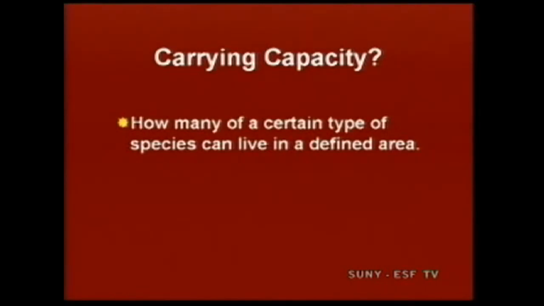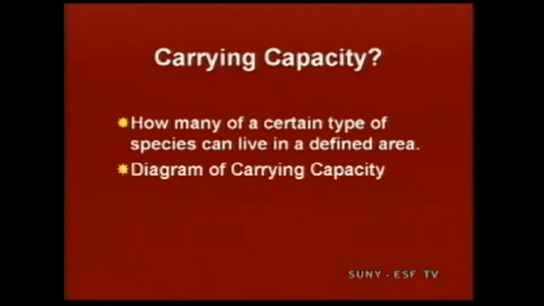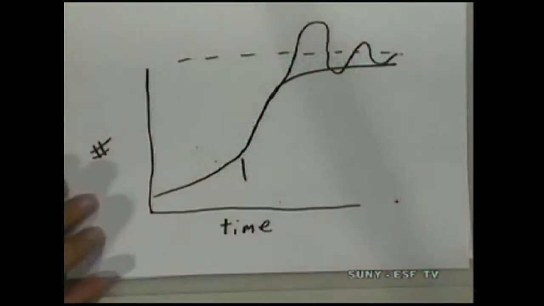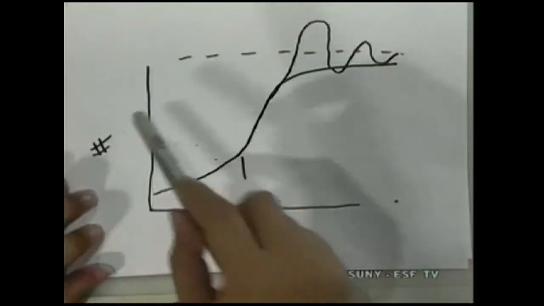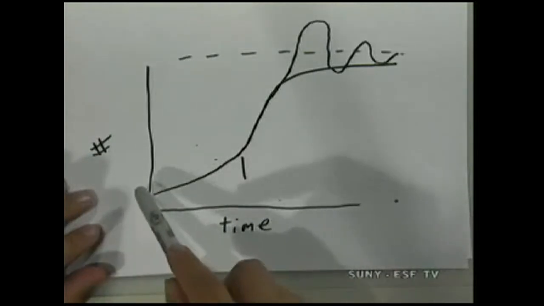Now, carrying capacity. What's that? It's really how many of a certain type of species you can put in a defined area. If we diagram it, going back to the document camera, it might look something like this. You have the numbers of organisms here and time here.